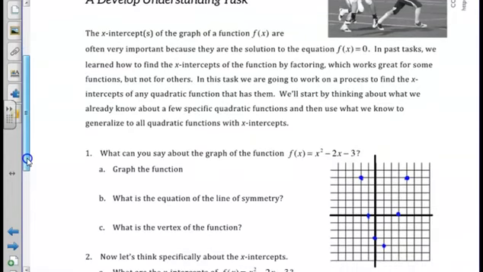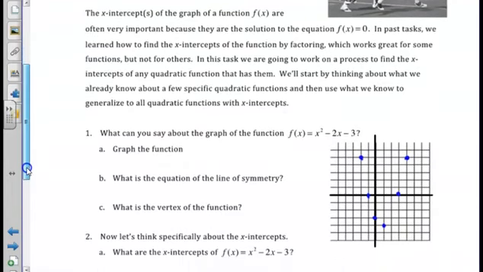We began this lesson by reviewing how to graph a quadratic function, which we did a lot in Unit 4. Recall that we can complete the square of a quadratic to quickly find the vertex. If we are completing the square for the equation x squared minus 2x minus 3, we will take half of b and square it, and we will see that we get negative 1 squared.